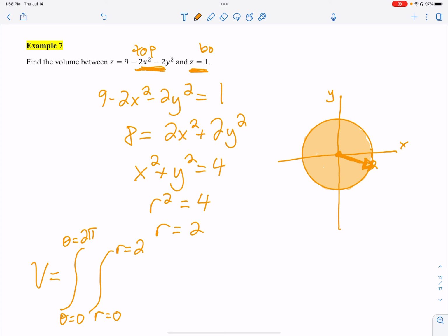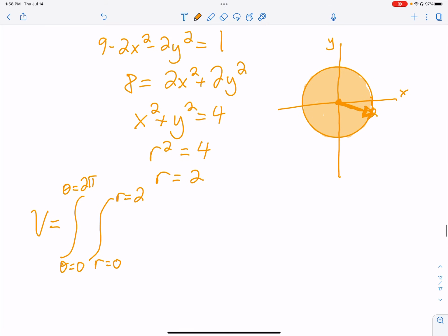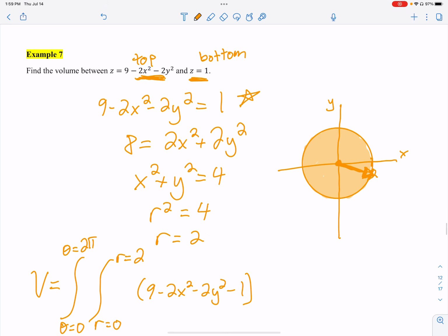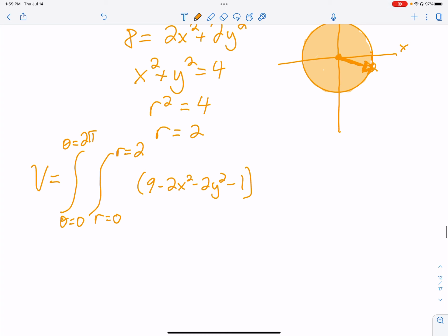This is the bottom. So I subtract the bottom, and that's what's going in here. So I have 9 minus 2x squared minus 2y squared minus 1. You could have also just had this equation set equal to 0, which would also do it. And then we have r dr d theta.